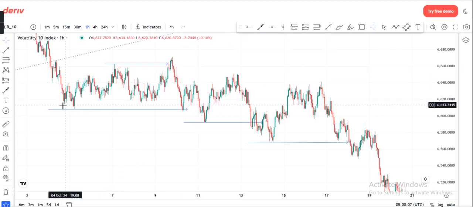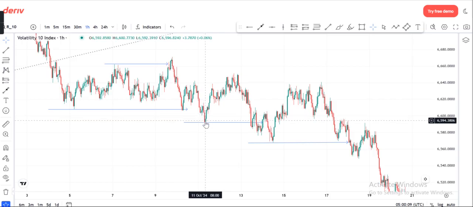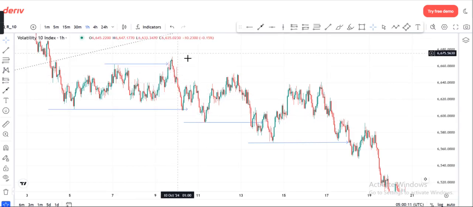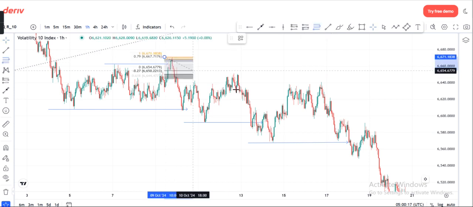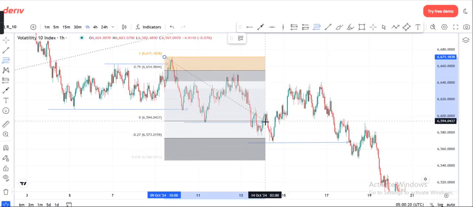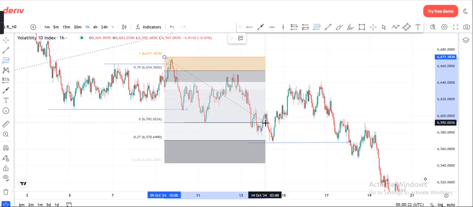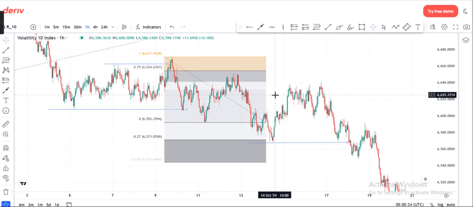So based on this liquidity grab, we had market break structure to the downside, having liquidity taken before break of structure. Then what do we do? We simply mark our level, and this is our level for take profit.